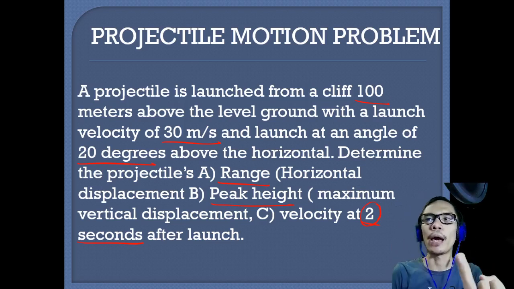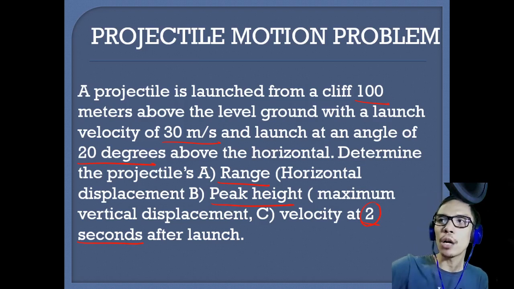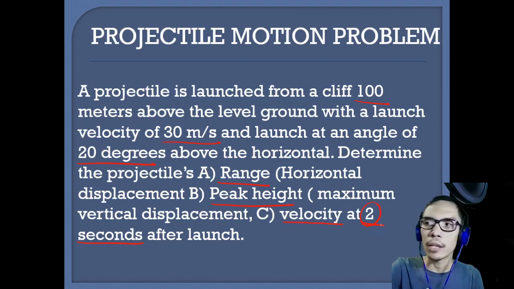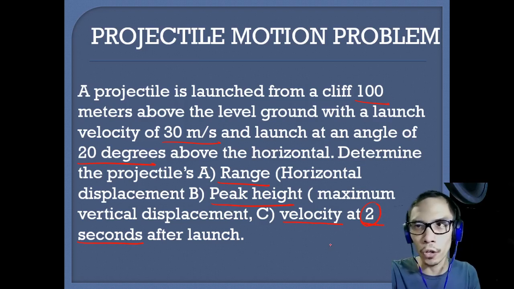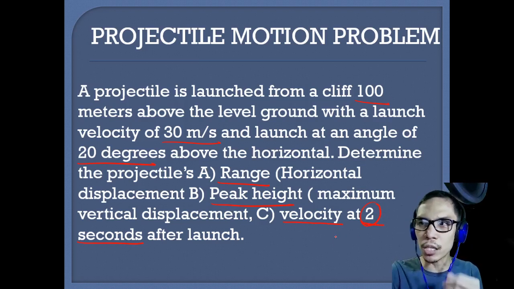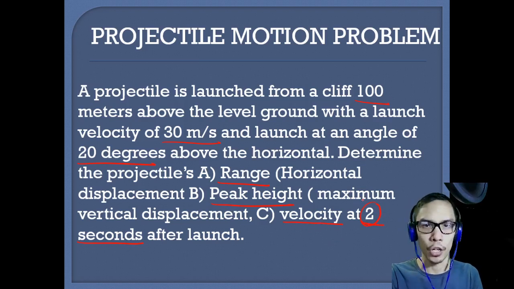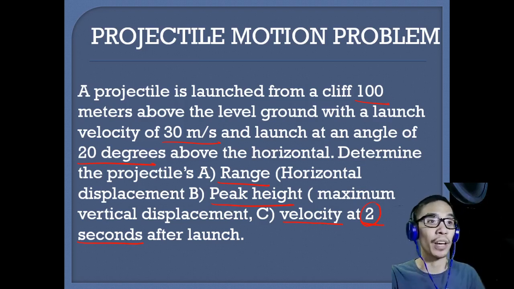And the third thing that makes this special is that we will work on a problem that focuses on a certain time period, which is 2 seconds. So let's find out the velocity of the projectile at 2 seconds after the launch. I wonder what the velocity of that object is at that time.